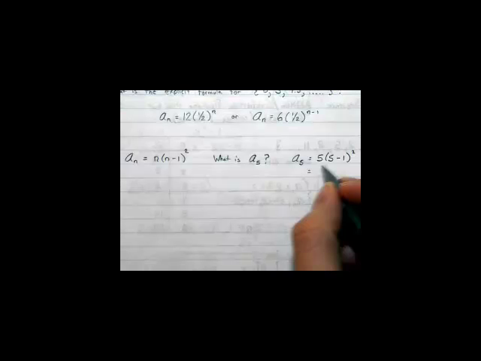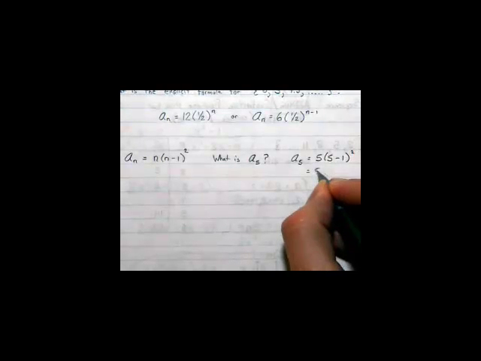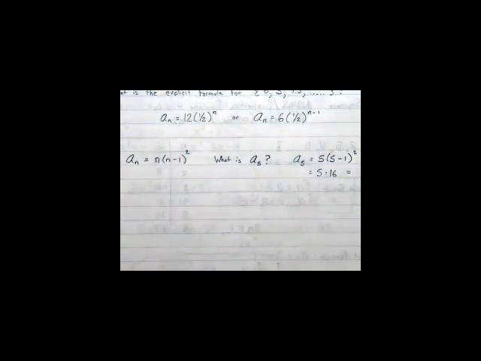No, 5 times 4 squared. So that would be 5 times 16. So that would be 80, right? So the 5th term in that sequence that's defined by this explicit formula would be 80.